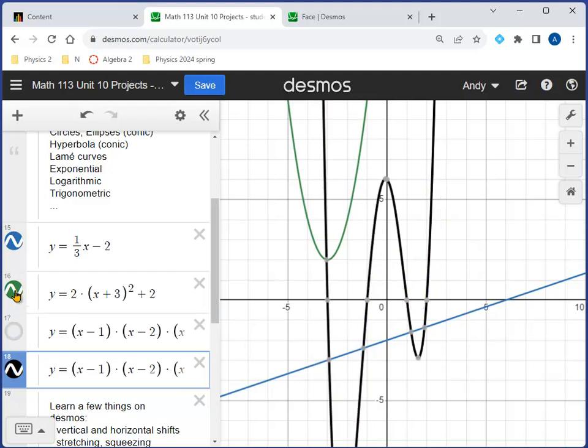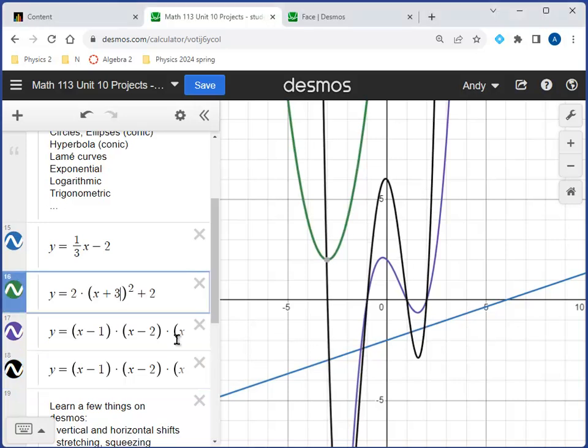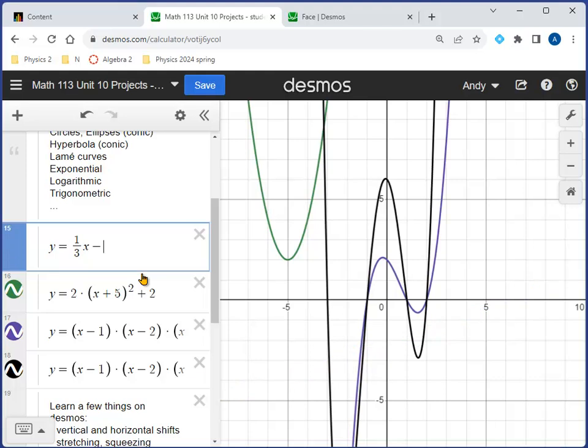And I'm going to turn the others off so we can actually see it. Notice that for any one of these here, by the way, I'm going to turn them back on. There we go. In fact, I'm going to move that parabola further to the left. There we go. Got a little bit out of the way, and I'm going to move that straight line a little bit further down, like this. There we go.